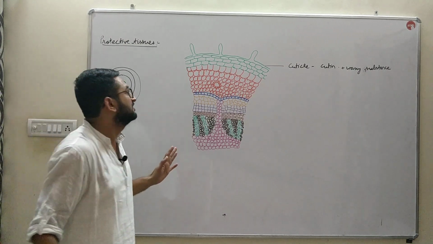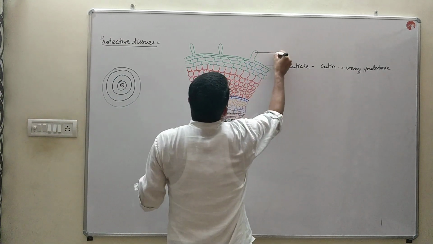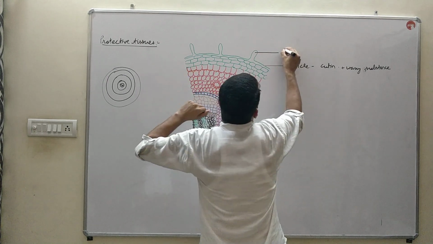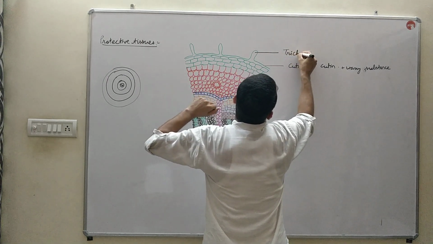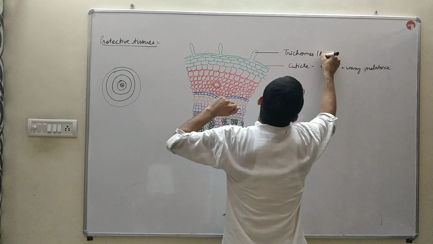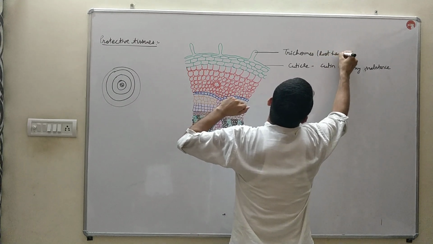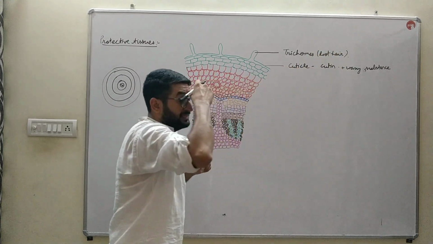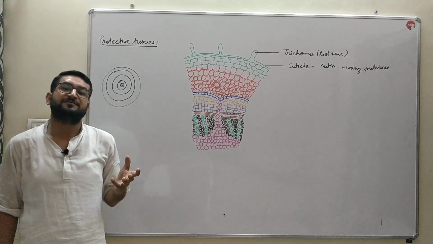These finger-like or hair-like structures are trichomes, root hair, epiblema. These are the modification of epidermis.